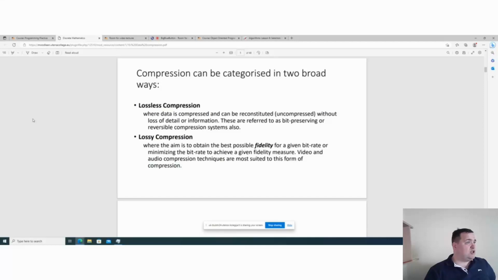Examples: JPG images, MP4, AVI. What else? MP3. What else? Blu-ray, yeah, as well. Literally, it's impossible to restore the data, but at the same time we still have a pretty good level of quality.